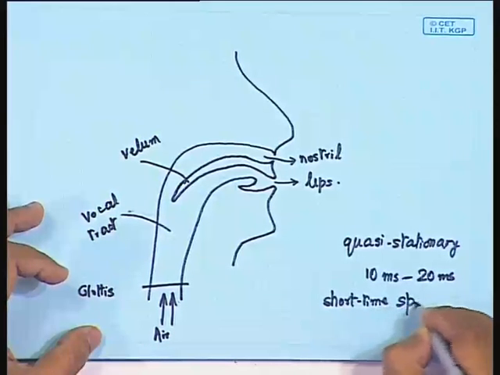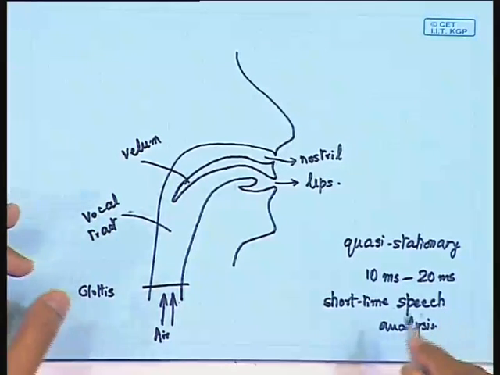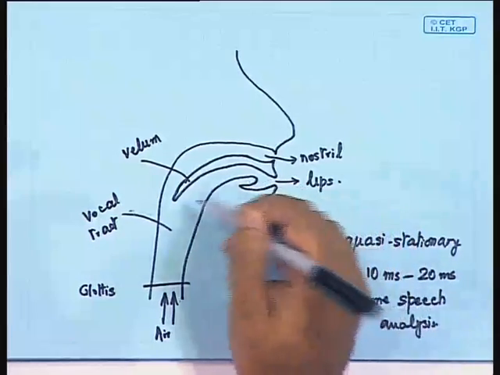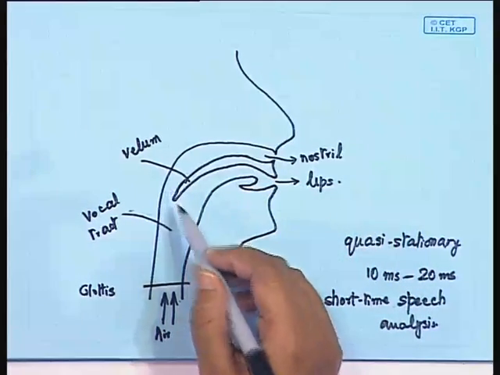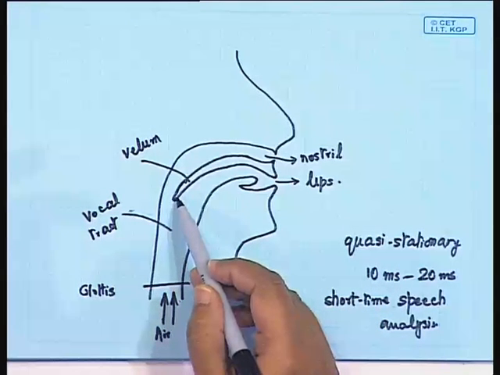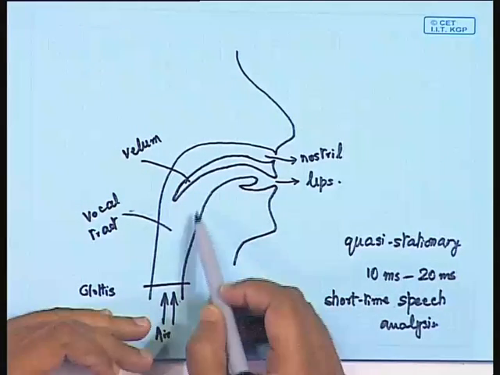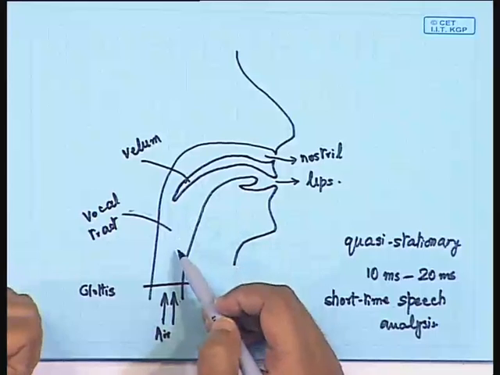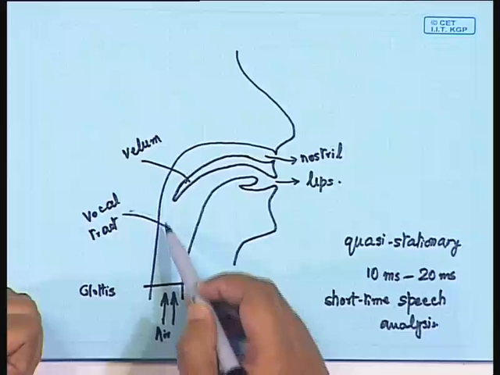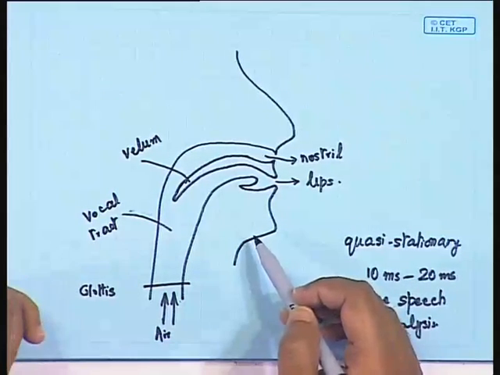So, short time speech analysis is usually done, and then what happens is that with the air flow, we can use our velum, we can articulate that in order to produce some constrictions. Like if we try to lower down the velum, then effectively we are blocking the air flow from the vocal tract region up to the lips, and instead we are making an opening more towards the nostril passage, so that nasal sounds are emitted.